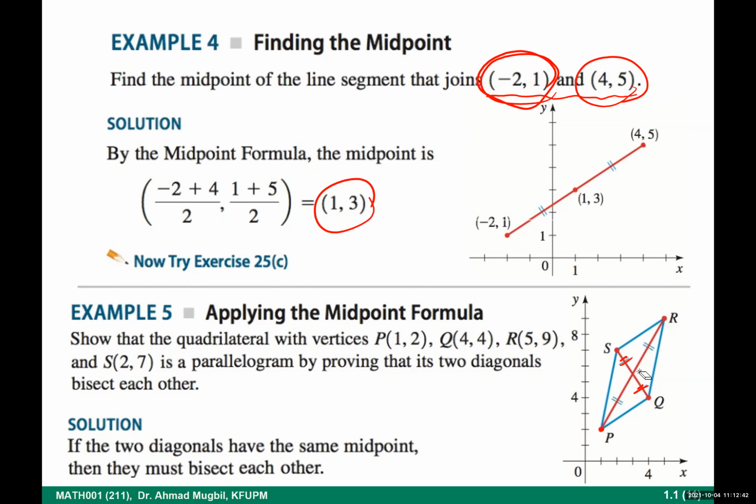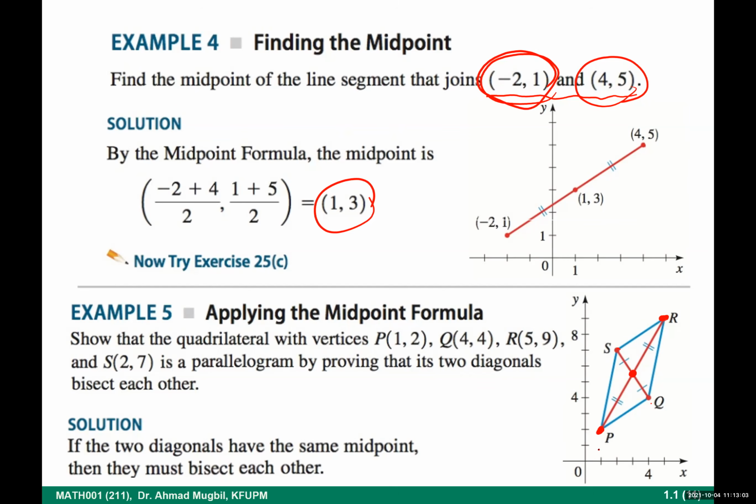But this will not be practical. If you think about the midpoint, it will be so easy. The midpoint between the points P and R should be here, and it should be the same as the midpoint between S and Q.